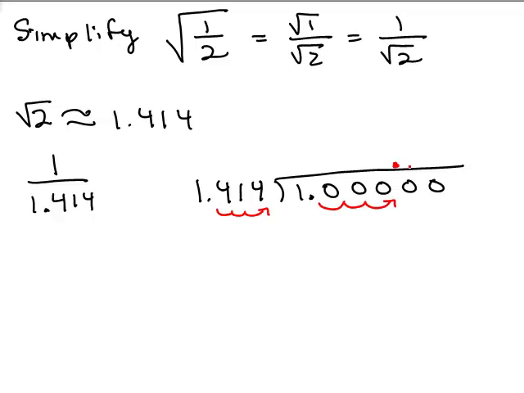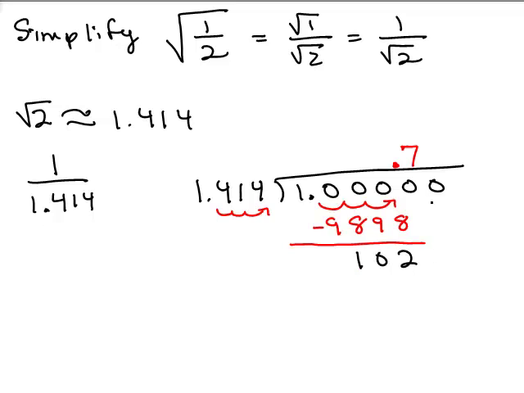Then I have to think, okay, how many times does 1,414 go into 10,000? And it goes in 7 times. And then I have to multiply 7 times 1414, and that's actually going to be 9898. And then I have to subtract, and that's 102.